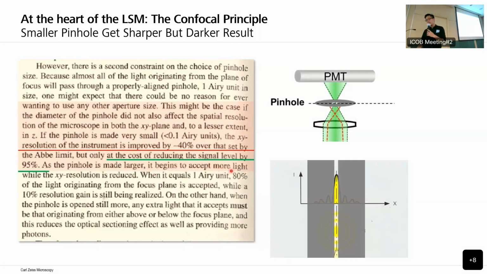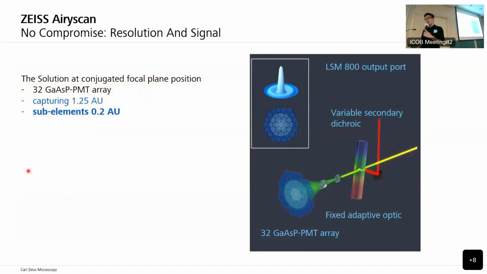If we want to reach a much higher resolution using the conventional photomultiplier detectors, we actually lose a lot of the signal we want, and it may reach about 95%. So even if you can image with higher resolution, you can only acquire 5% of your original signal. That's nonsense. We want to have all the signals.